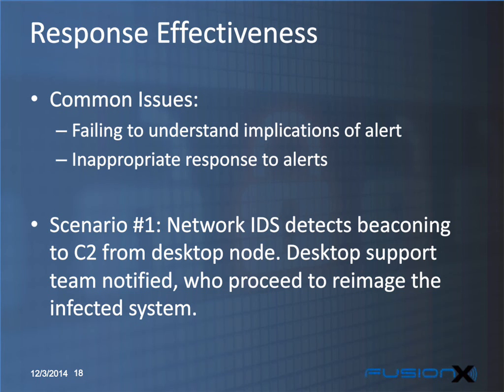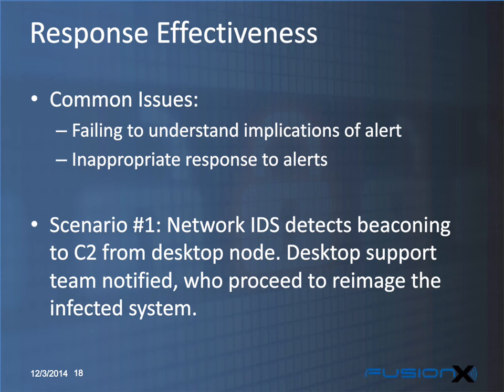So the laptop of the CEO and the laptop of an assistant with not much access is seen from a SOC standpoint potentially as equals, where clearly they should not be. The CEO's laptop obviously is going to have more sensitive information on it and should be prioritized. And so we often see this impacting significantly the effectiveness of the response.